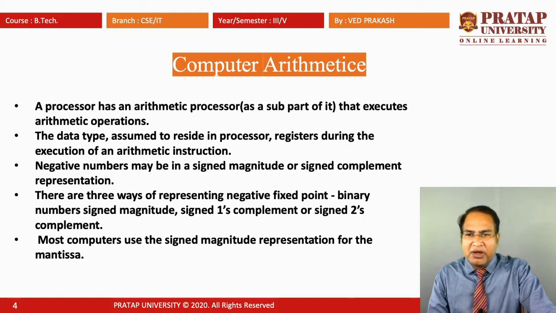The negative numbers may be in sign magnitude or sign complement representations. There are three ways to represent negative fixed point binary numbers: sign magnitude, sign 1's complement or sign 2's complement. Most computers use the sign magnitude representation for the mantissa.